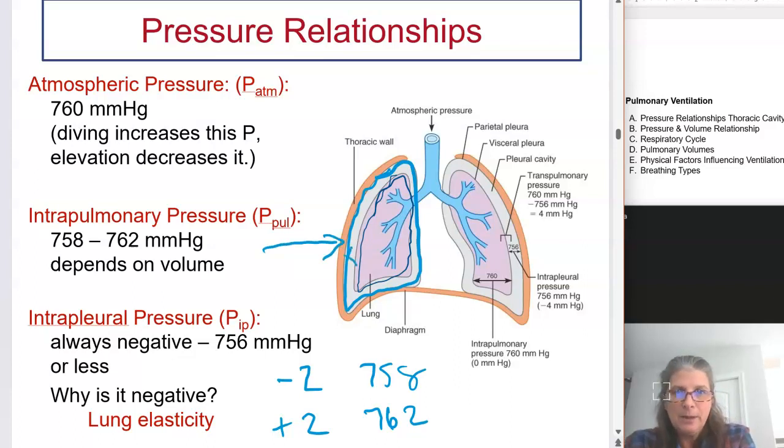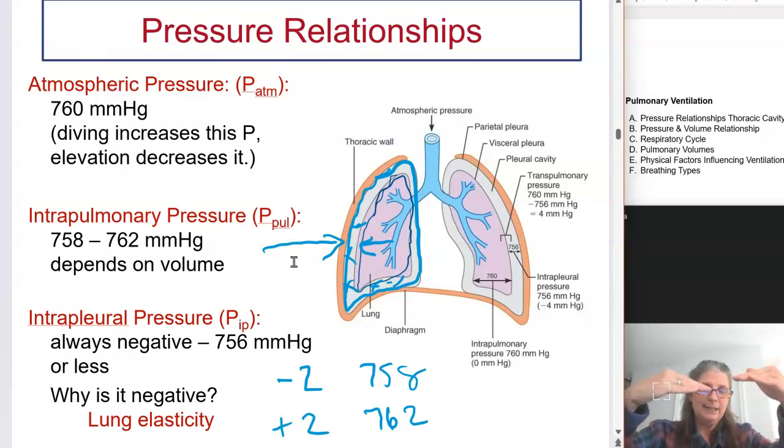Now remember, I'll put these X's here. That's where it's negative. And so we have atmospheric pressure pushing against it. And then we have our intrapulmonary pressure, which is also greater. So we have these two pressures in and out, greater, pushing against that negative space. And what that does is it helps hold that visceral pleura against the parietal pleura.